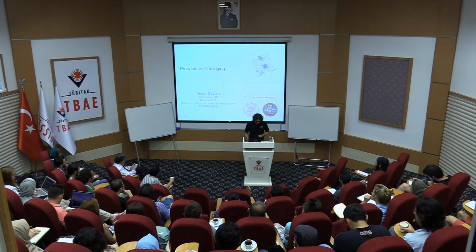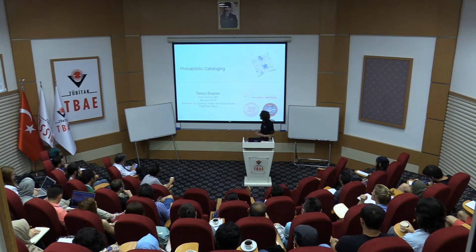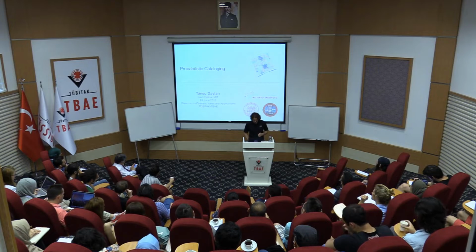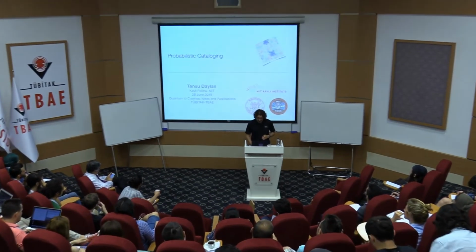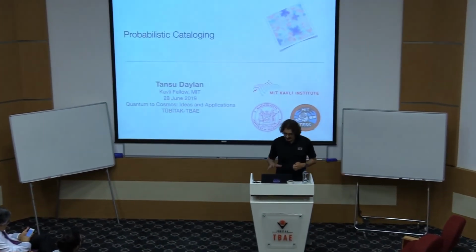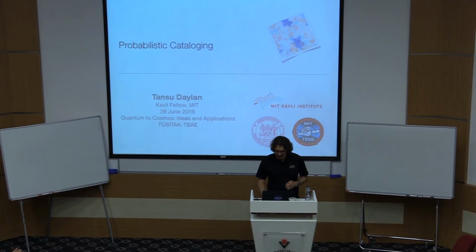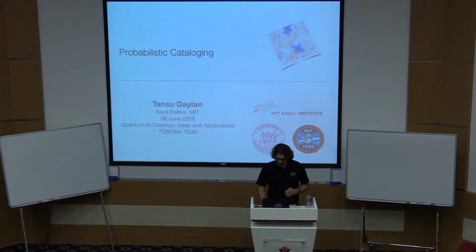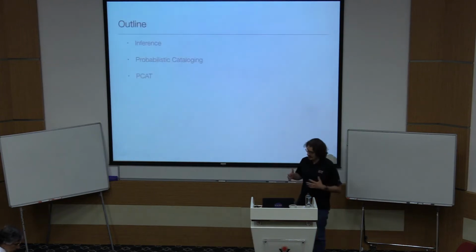But anyways, let's start with now the idea of so-called probabilistic cataloging. Now, when I say this, obviously it may not mean anything to you at the moment, and that is totally fine. The idea is to discuss, well, first of all, what it is, and then why we need it. Or actually, I will first motivate why we need it and then define it.